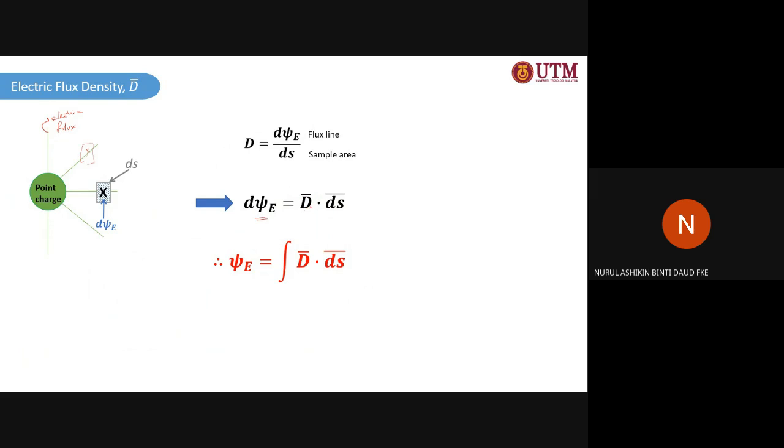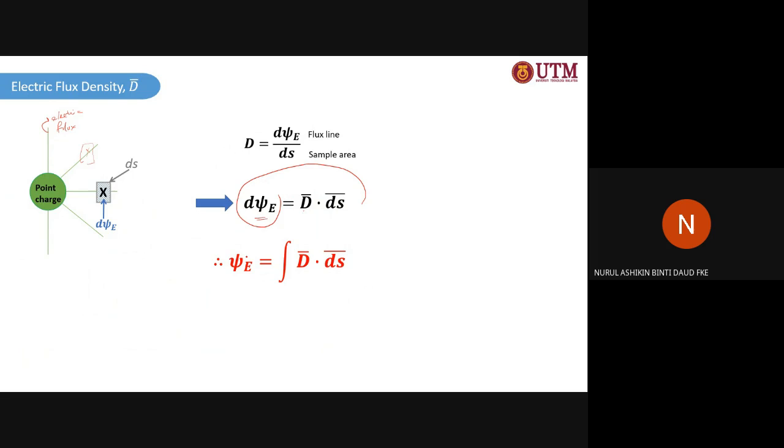So the dot product of the vector flux density with the vector of sample area gives us the flux line at the particular electric flux density.